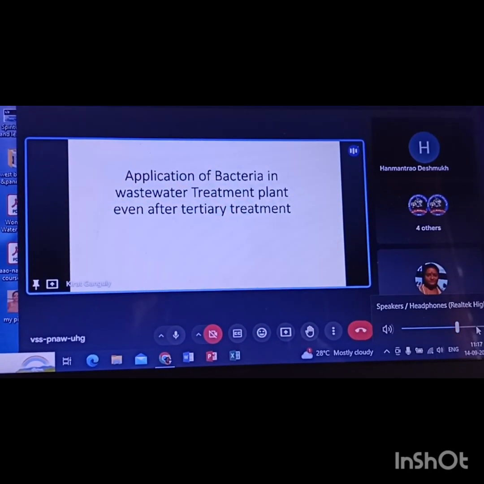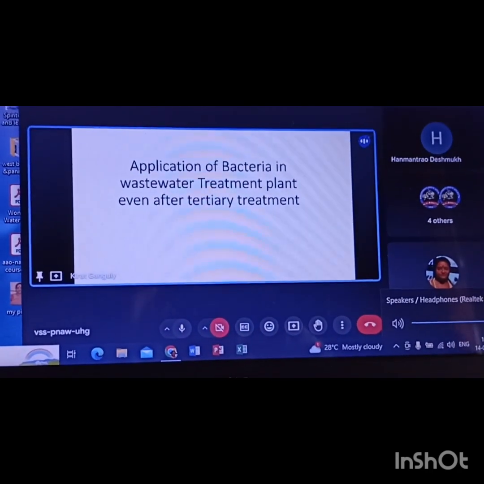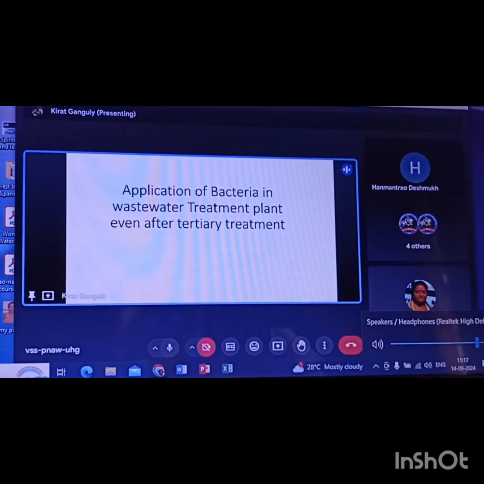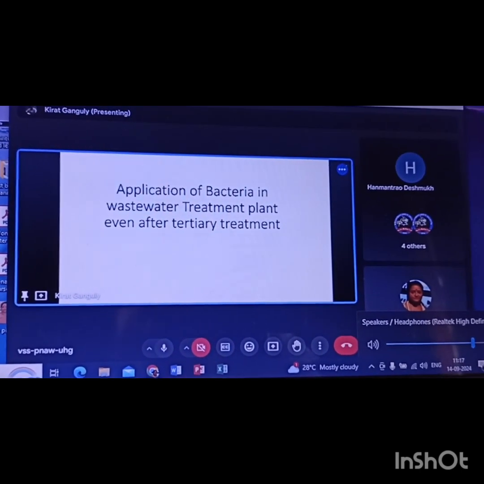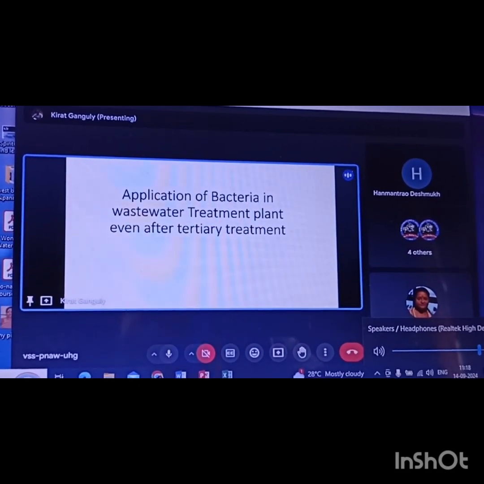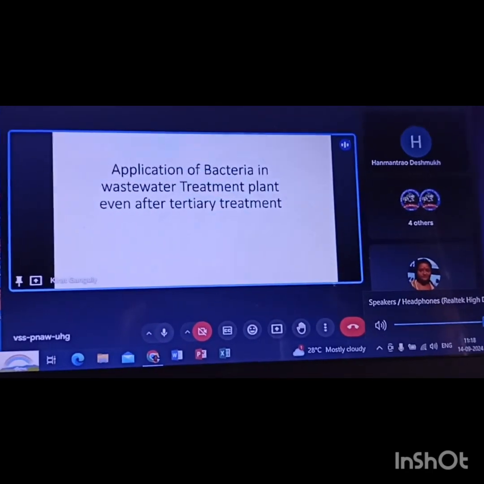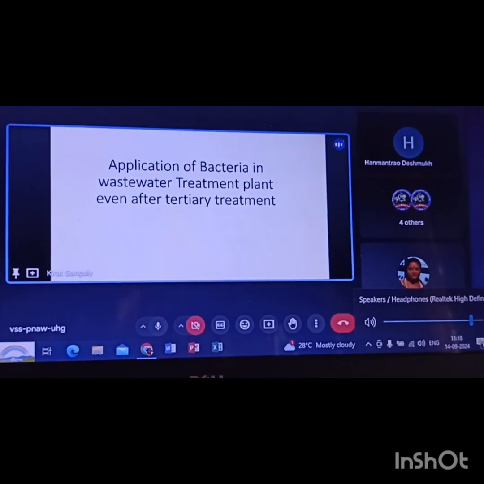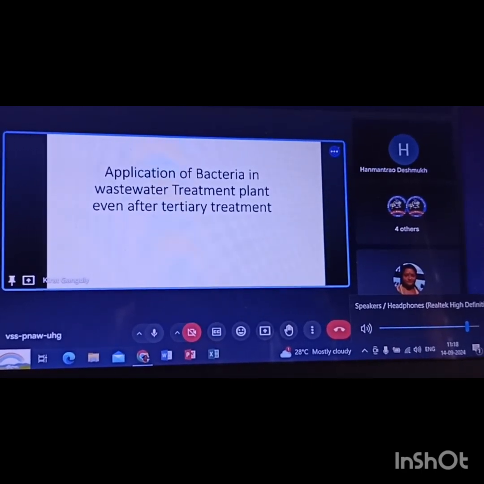Though they show several kinds of regulations that they do several treatment before leaving the water in the wastewater channels, it has been seen by several groups, not only my group, several groups who are experts in chemical science also, they have shown that these are really very much loaded with several kinds of heavy metals.